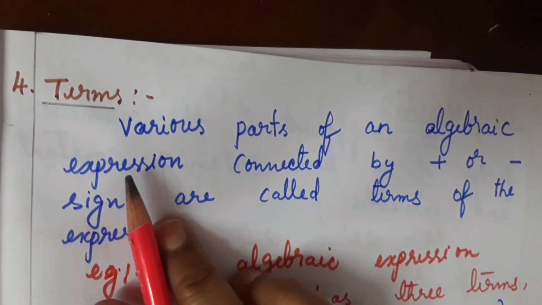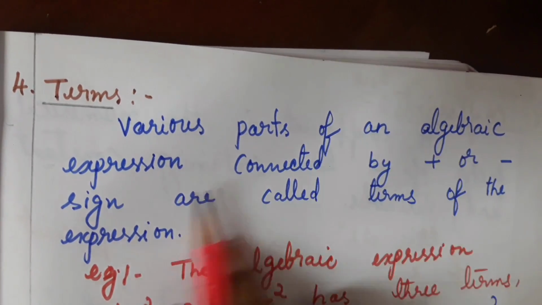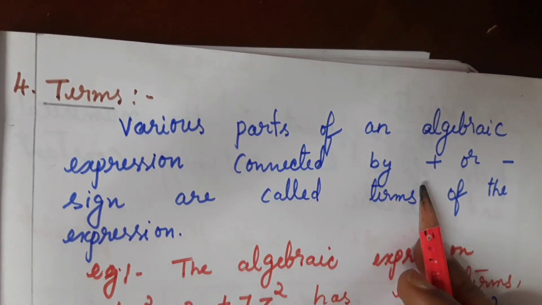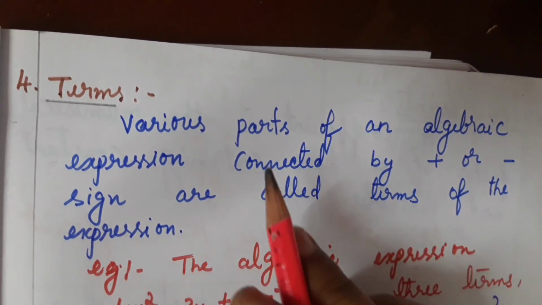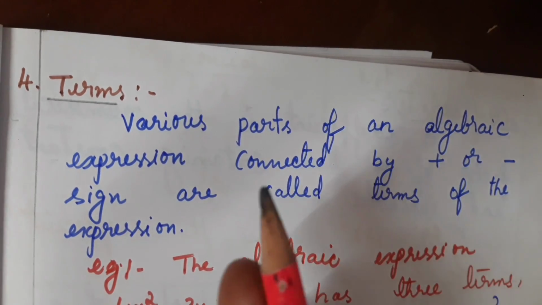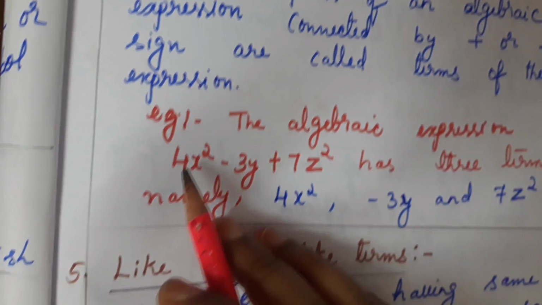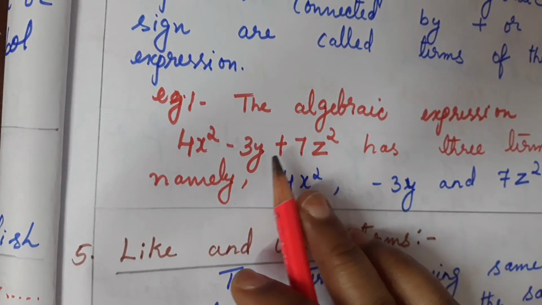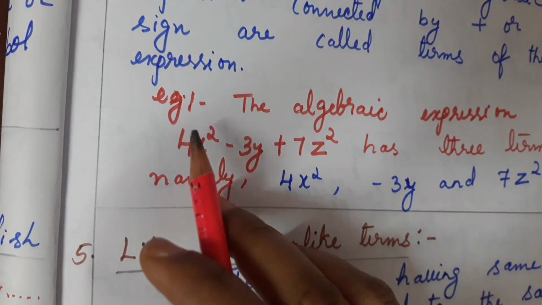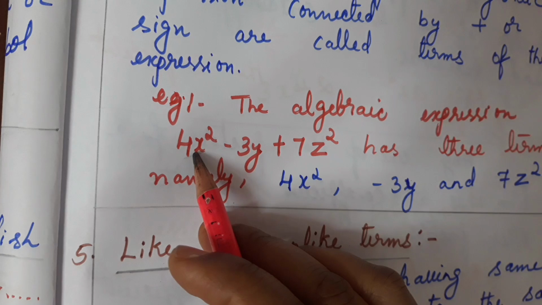Next is terms. Various parts of an algebraical expression connected by plus or minus signs are called terms of the expression. That means first term, second term, a particular term number. For example, the algebraical expression 4x square minus 3y plus 7z. Here 4x square is called the first term.